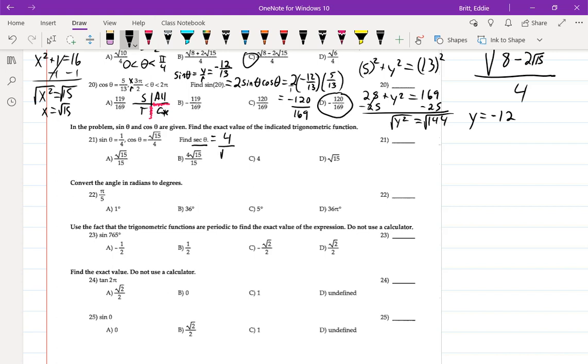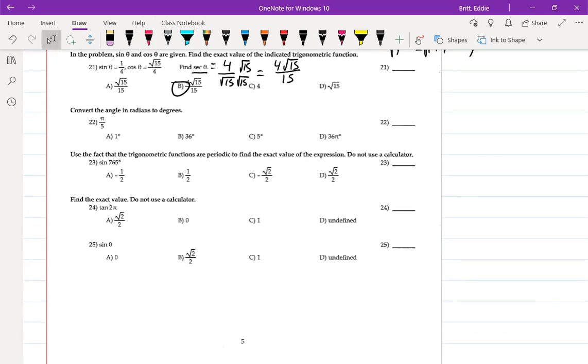That'll be 4 over the square root of 15, which then you need to rationalize. So the answer is 4 square roots of 15 over 15. Again, it's just the reciprocal of cosine.